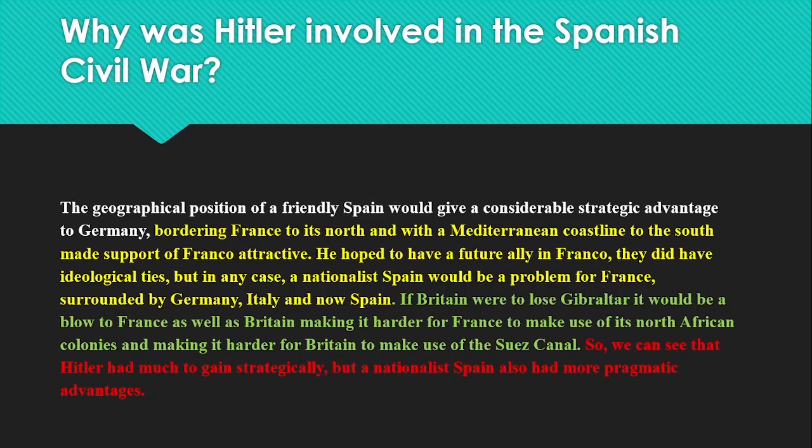And here is my paragraph on strategic advantages. And don't forget to pause the video, I won't be reading it out. White signifies the point. Yellow, the explanation. Green indicates evidence supplied. And red is my link. It so happens in this example I followed the PEEL method in order.